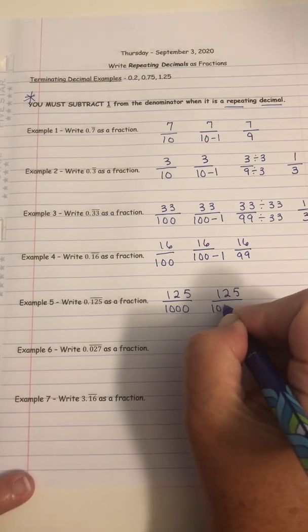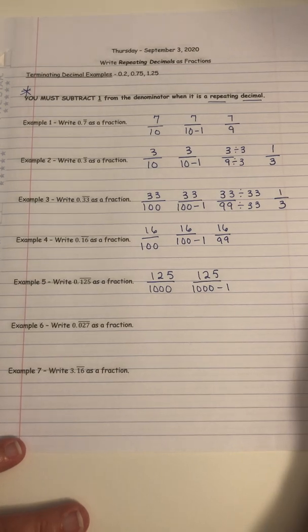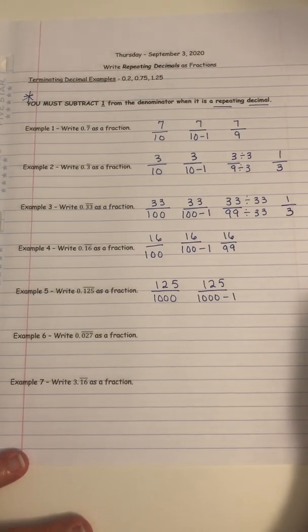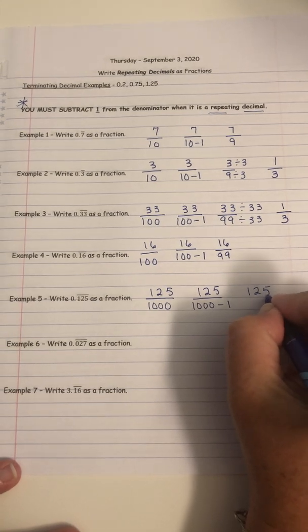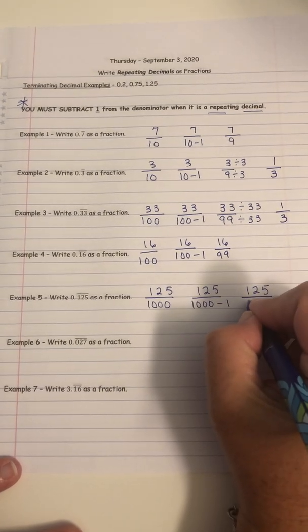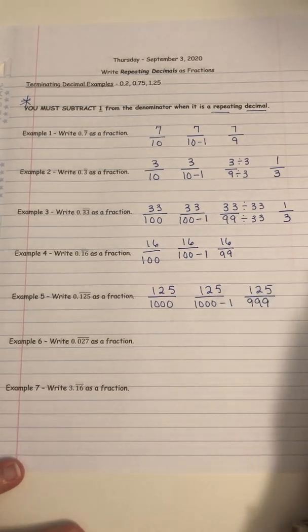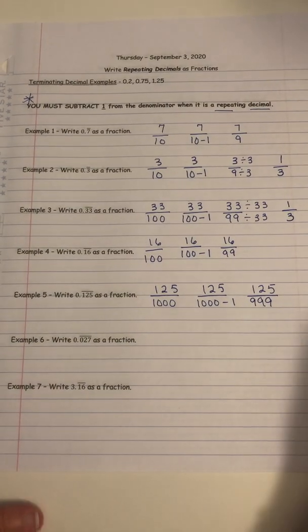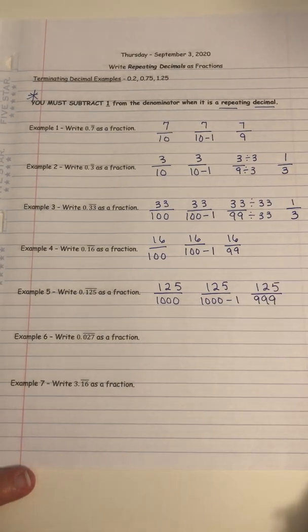And 1,000 minus 1. Because remember, you always have to follow the rule. Subtract 1 if it's a repeating decimal. So 125. Now this is going to be 999. That one also cannot be reduced, which is kind of cool because you can just leave it like that.